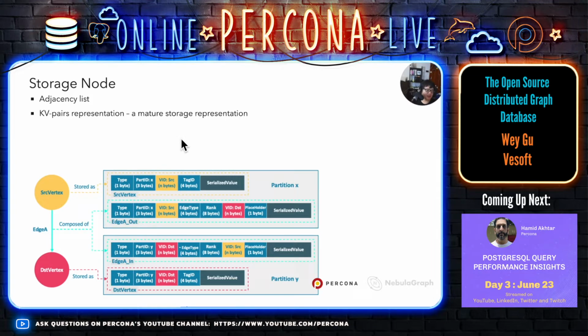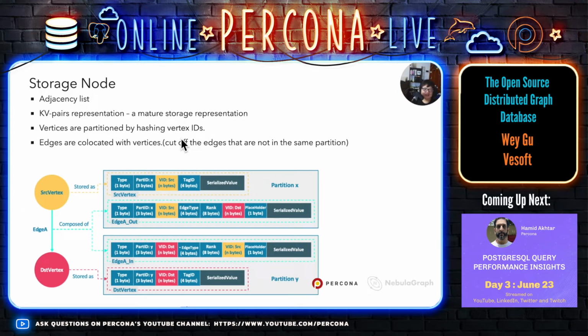Also, there are so many best practices, papers, and engineering optimizations out there that we can leverage. And as I mentioned, vertices are sharded by the hash of the vertex, and the edges are located with the vertex, so that's why it's an adjacency list.